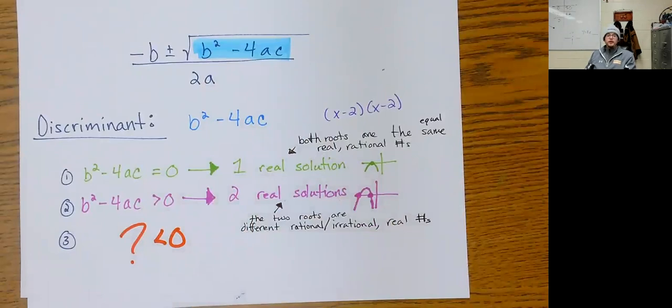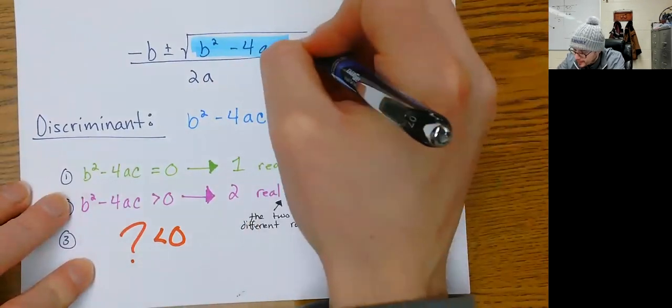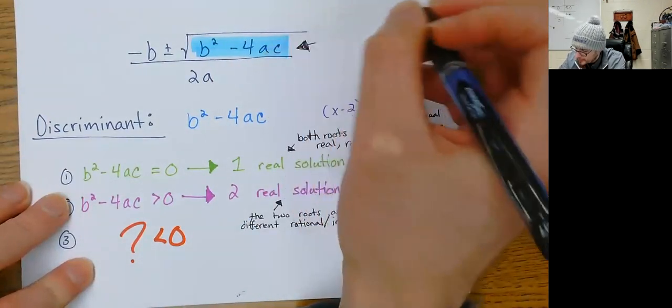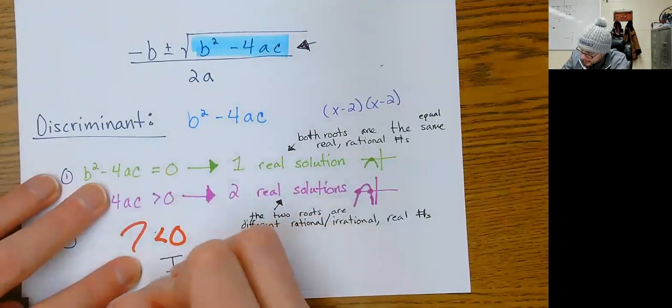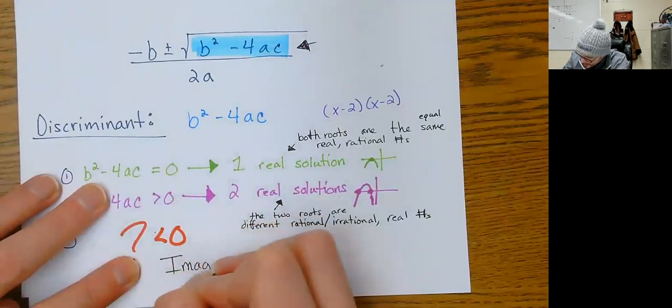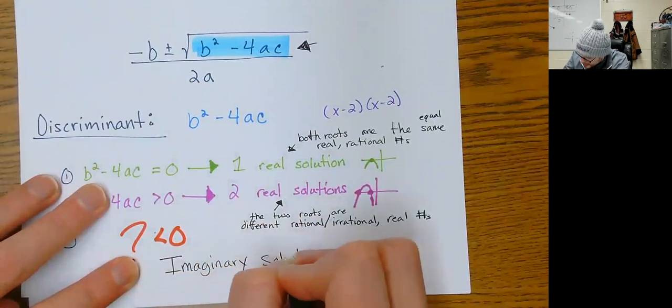I lied. My students have part of their assignment. They need to know this. If the discriminant is negative, if there is a negative number inside of the square root, if the discriminant is less than 0, you are going to get imaginary solutions.